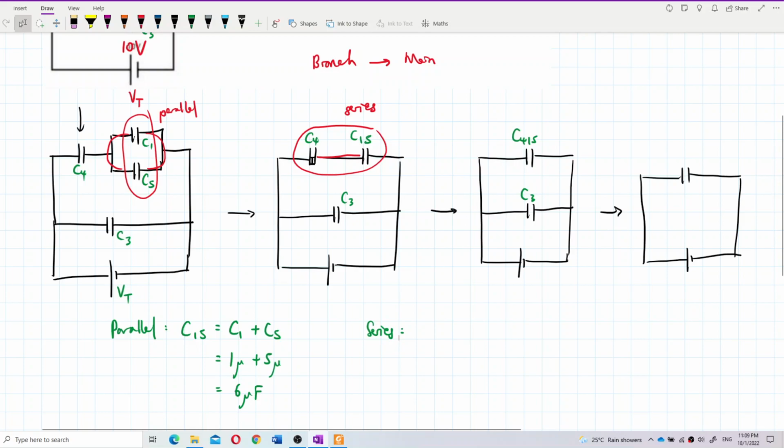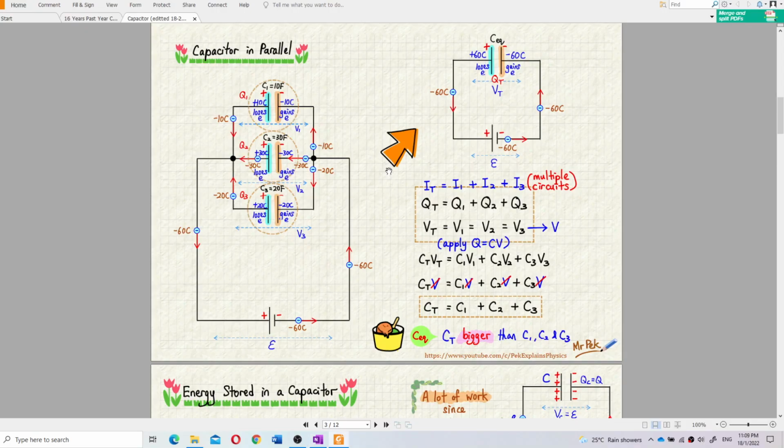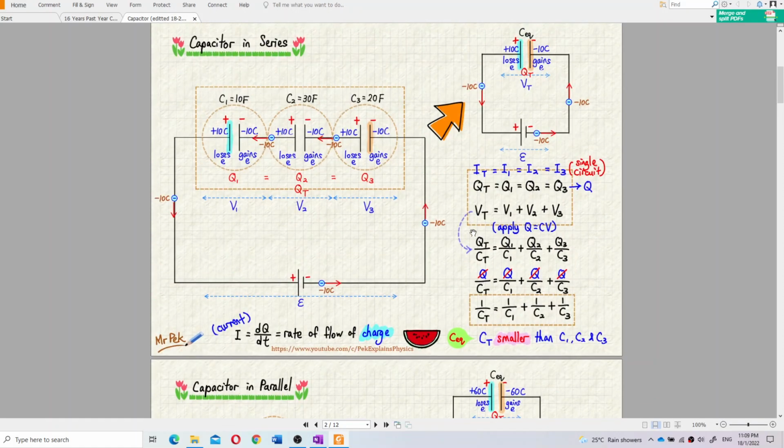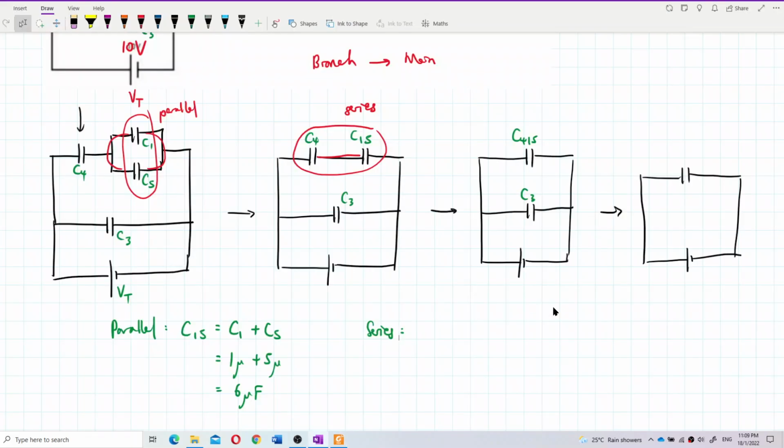If capacitors are connected in series, the capacitance becomes smaller, so it's 1 over C. So 1 over C415 equals 1 over C4 plus 1 over C15.